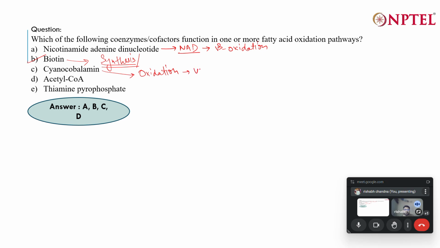So this is vitamin B12, and acetyl coenzyme A is the final product of the beta oxidation. So this is also involved here. So A, B, C, D are the vitamins and cofactors that are involved in the oxidation or synthesis of the fatty acid pathway.